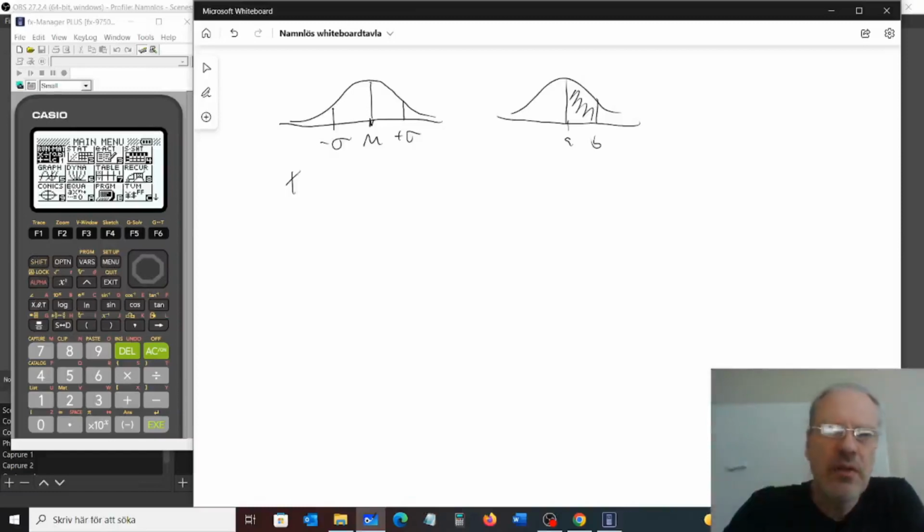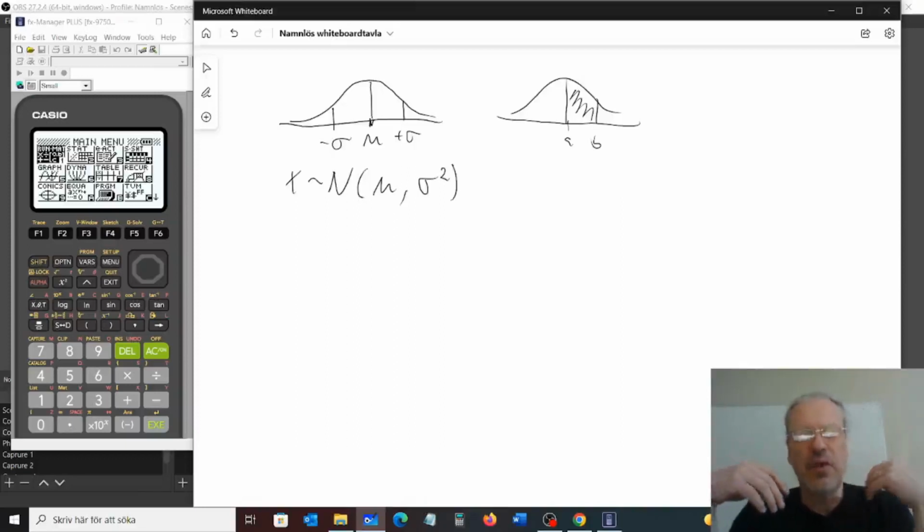Normally we write our random variable as a normal distribution with some expected value, some average, comma, the variance, that is the standard deviation squared. But quite often in the problems you are just given the standard deviation.